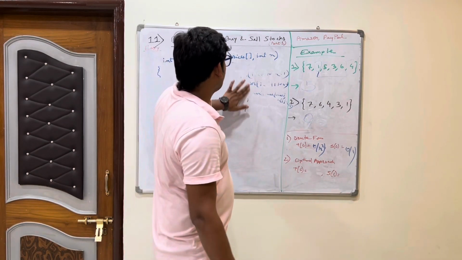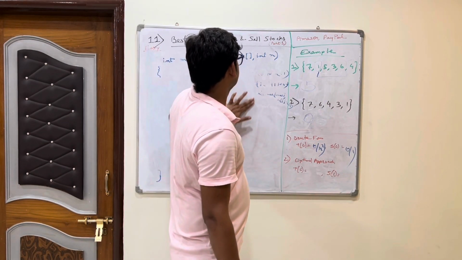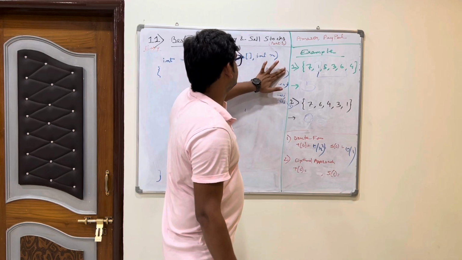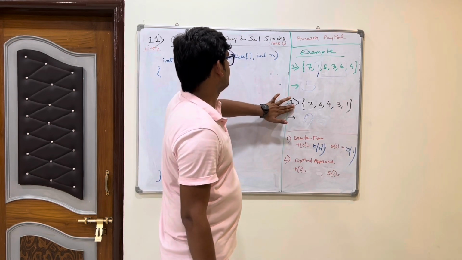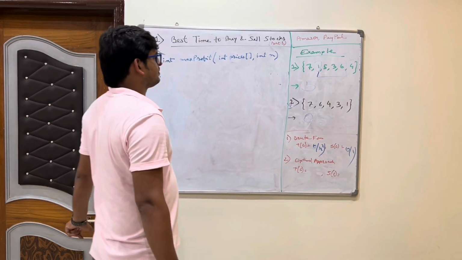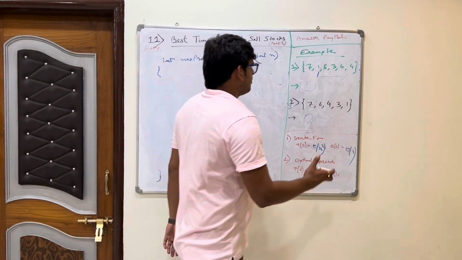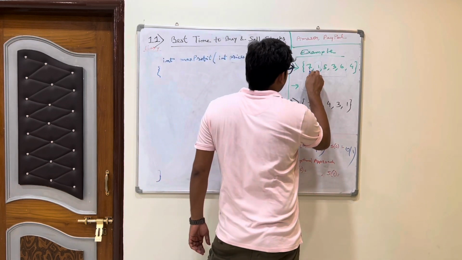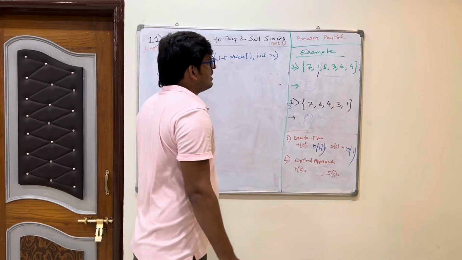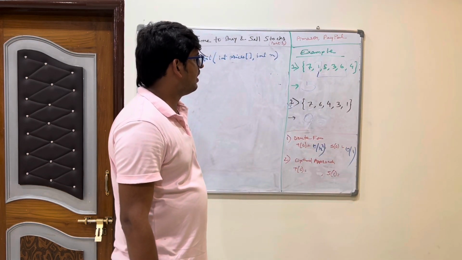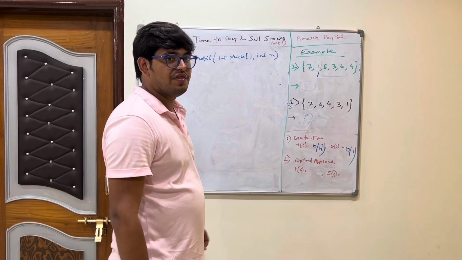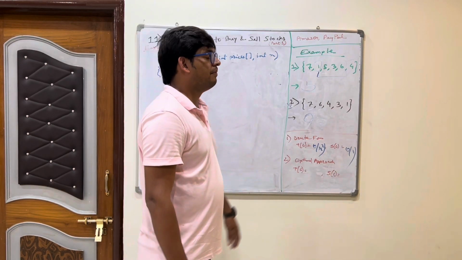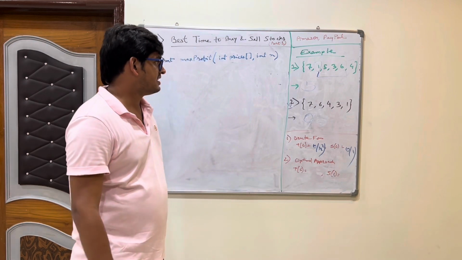But what would be the optimal approach for this? How can we solve this in order of n? We can use a greedy approach here. What we can do is find the minimum value at which we should buy the share.